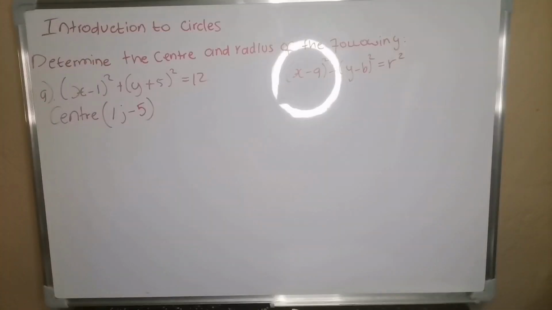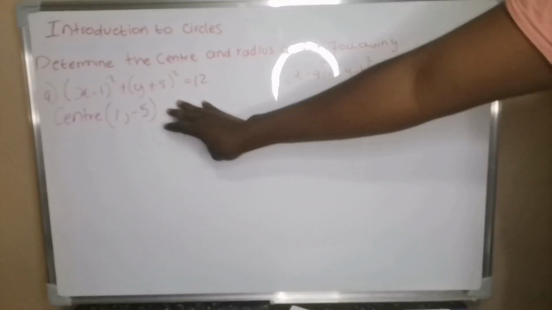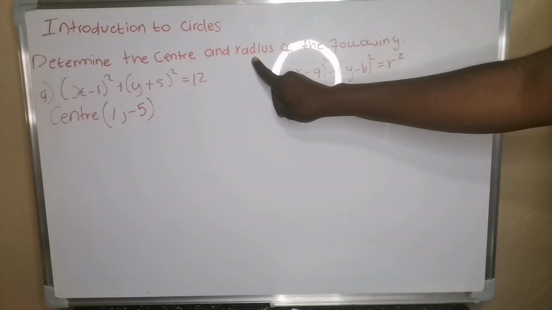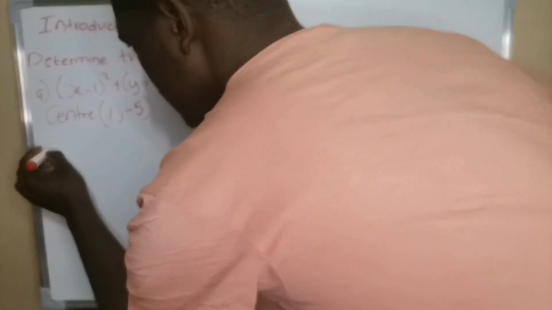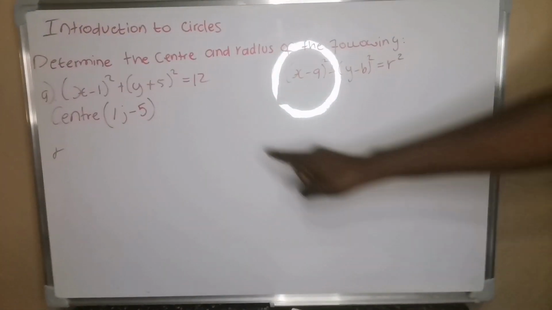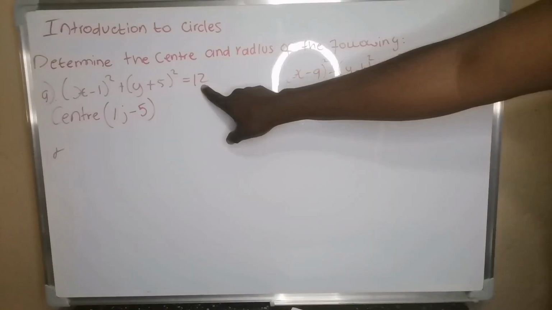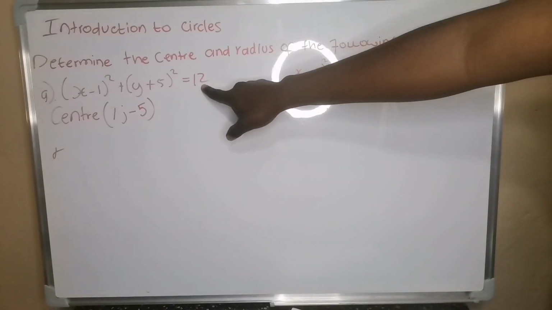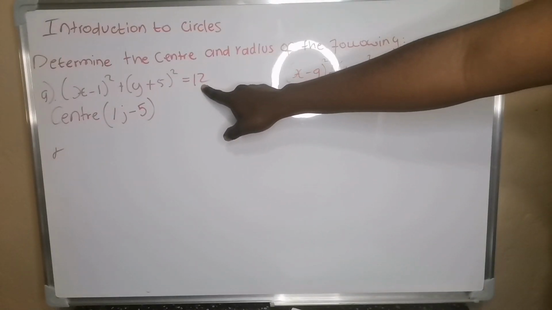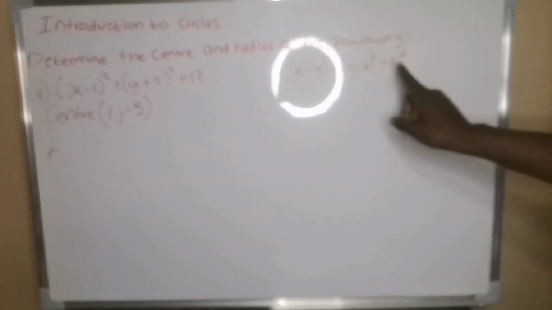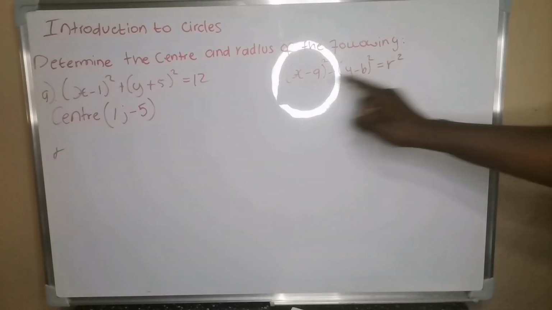Now, guys, let's find our radius, which is r. Remember, we have squared here, and we have r squared. Basically, our 12 here, we must make sure that we find r. Remember, we have r squared, just like we have squared.